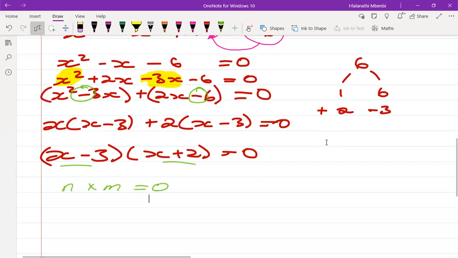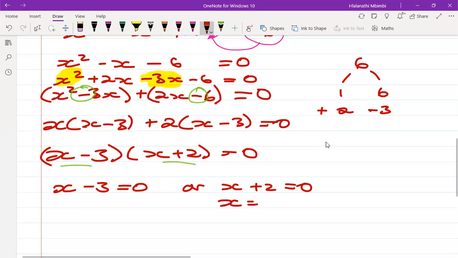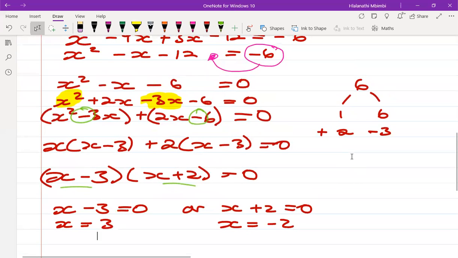One of them must be 0, or the best case is both of them are 0. And we just don't know which one is which. So we're just gonna say x minus 3 is either 0 or x plus 2 is 0, right? And then we're gonna get x is equal to minus 2 and x is equal to 3. You know, equation is all about solving for the variable that is concerned, and we have solved for x here.